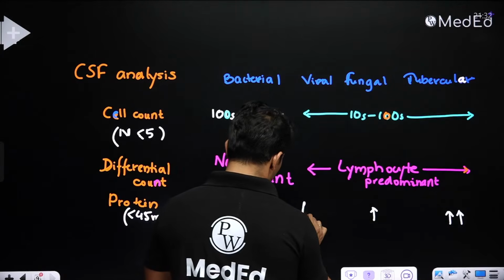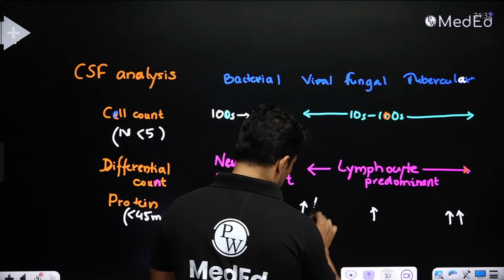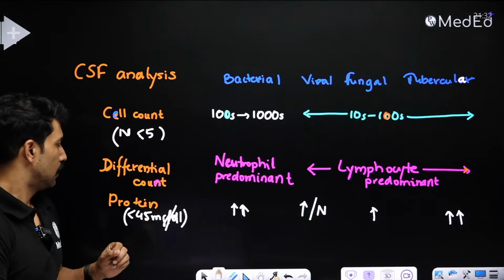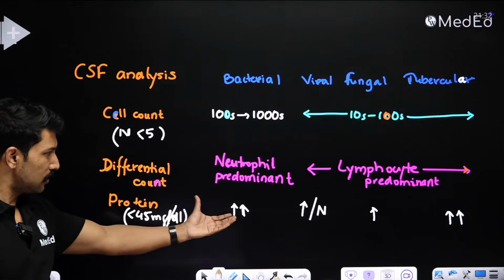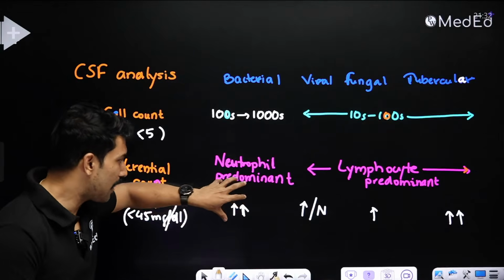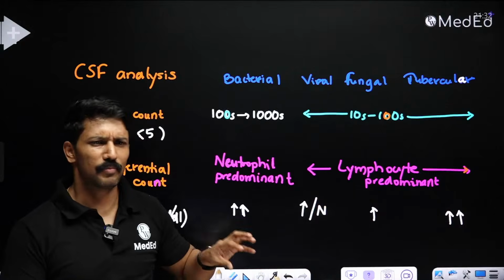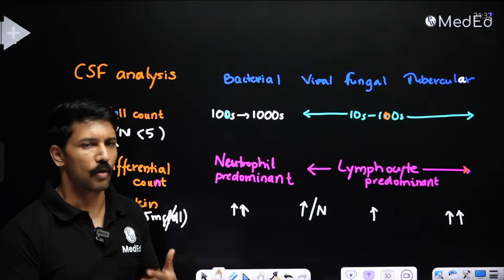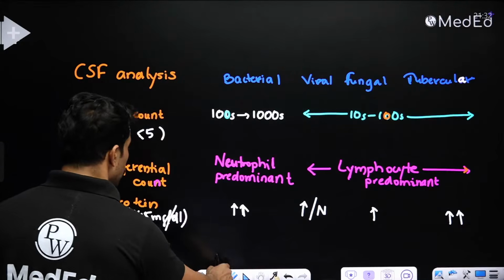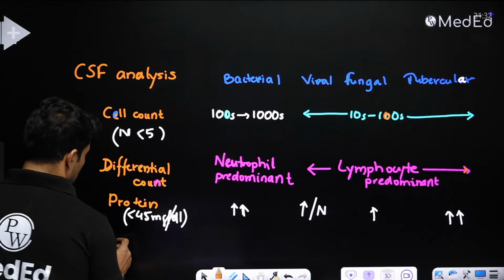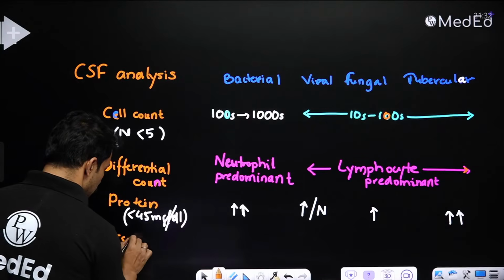In viral, it may be increased or sometimes minimally increased or normal. So you have higher values of protein in bacterial and tubercular in comparison to fungal and viral, but they don't help you to rule out or rule in. So then what is going to be really useful next investigation, that is going to be CSF glucose.